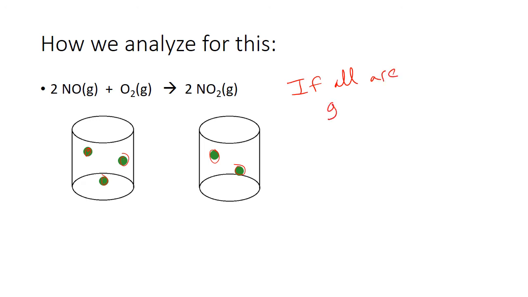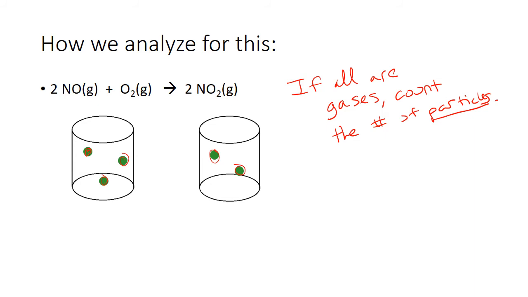If all are gases, count the number of particles, not the number of types of gases, but the number of particles. That's going to be important, so make sure you write that down. Now we have to decide which is more chaotic, 3 gas particles or 2 gas particles.